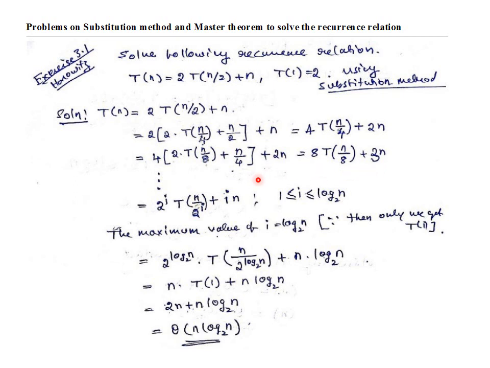This we can continue, and finally we want to solve it completely, because further division is not possible. We are dividing the main problem into subproblems, each divided by 2, and finally when the value of n is small, assume it is equal to 1, no more division is possible.